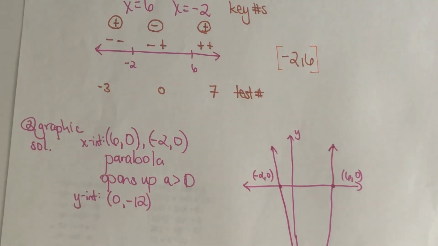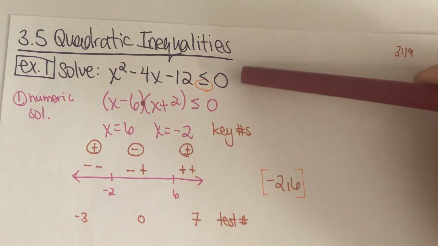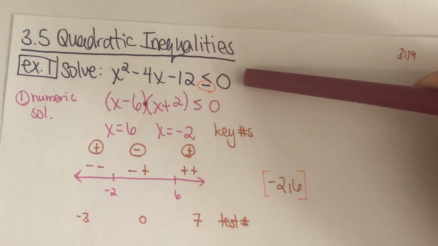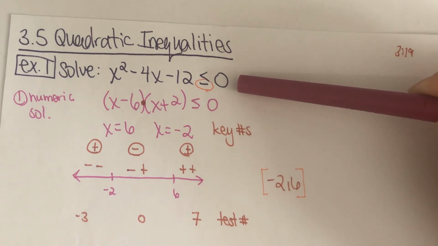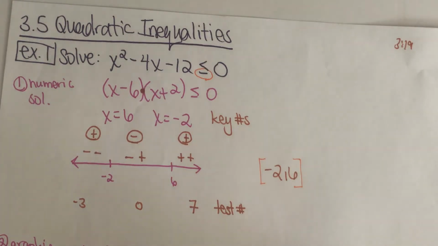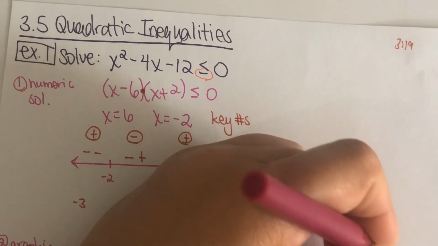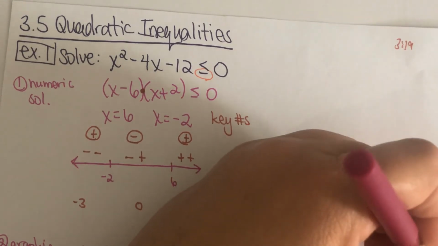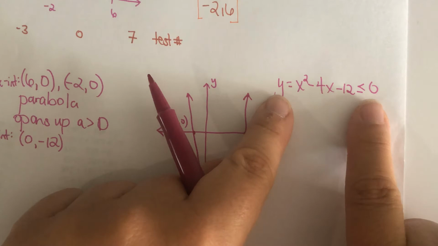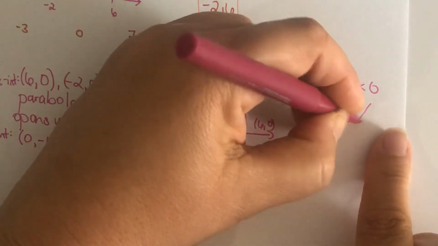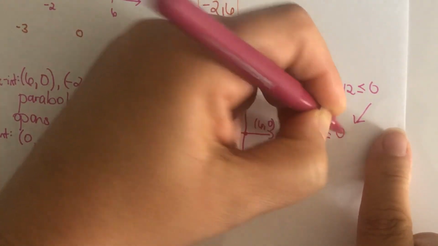So now what I'm looking at is this inequality is asking me, where is this thing negative or equal to 0, right? Well, what's negative mean on a graph? Imagine that now I'm talking about y equals, because if I'm talking about a graph, I need an x and a y, right? Y equals, well, this is saying where is y less than or equal to 0?